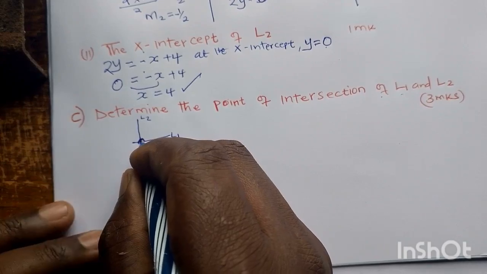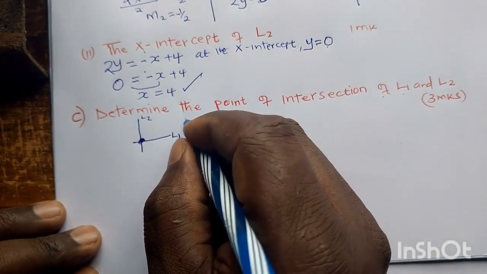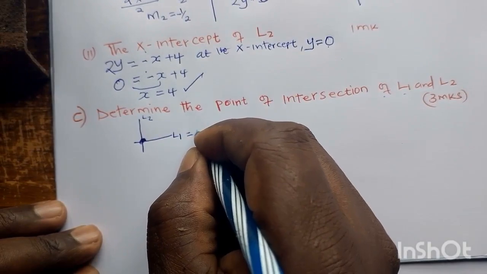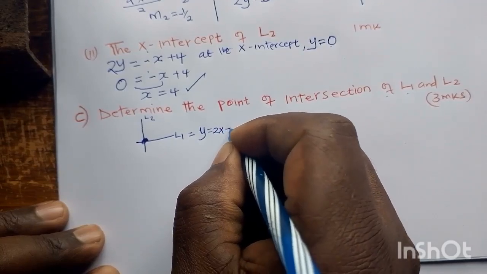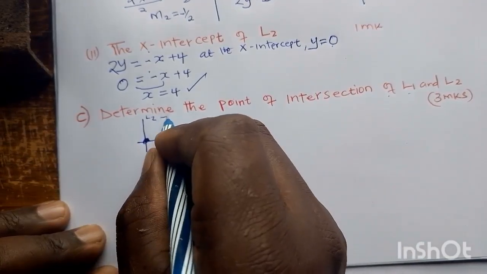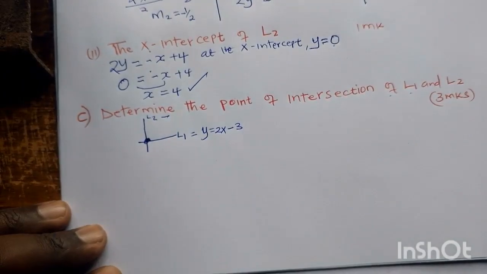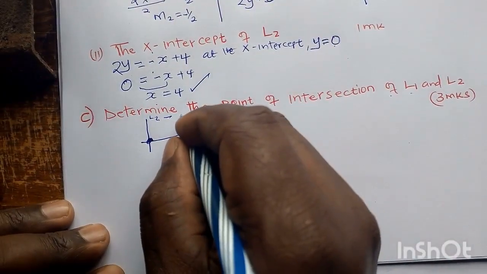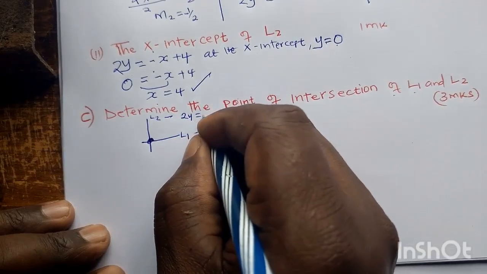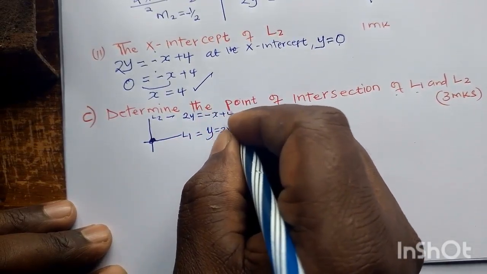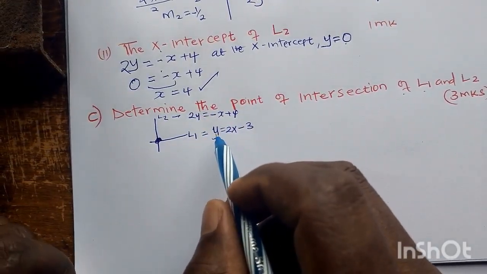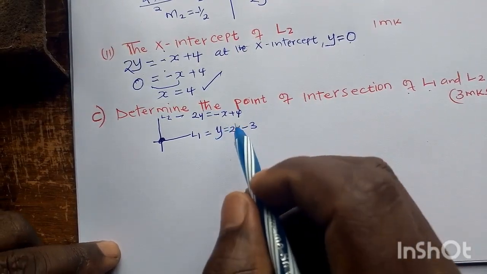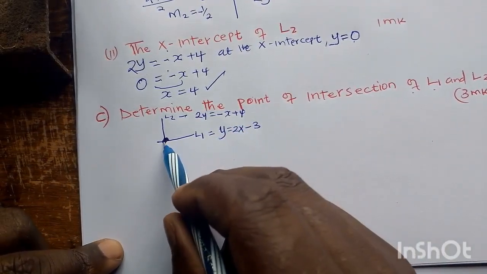So take the equation of L1: y is equal to 2x minus 3, and for L2, we know the equation is 2y is equal to -x plus 4, right? So you can solve this one using simultaneous equations. You get the value of x and the value of y, and that is the point where they intersect.